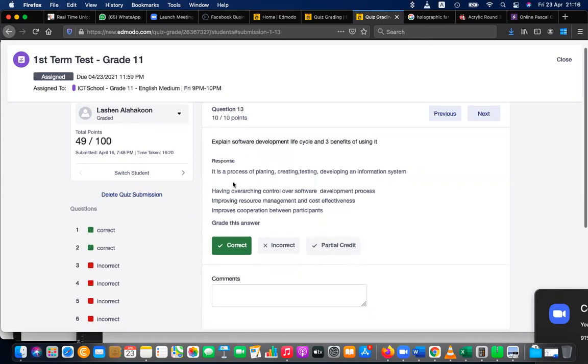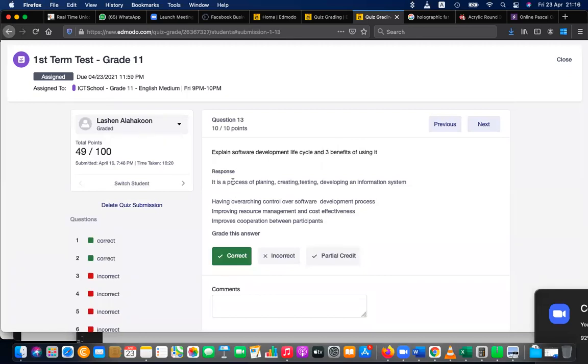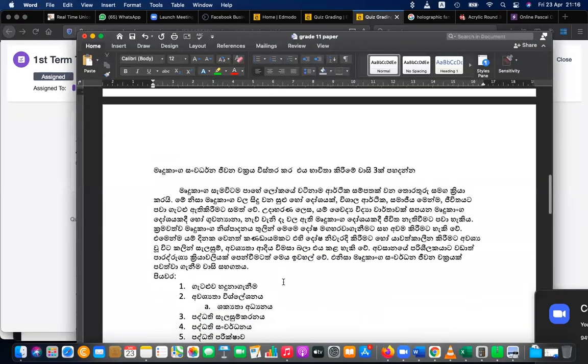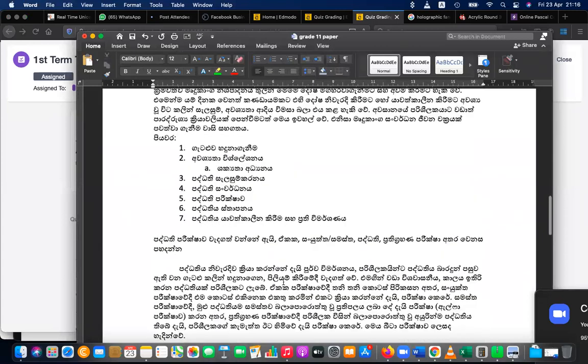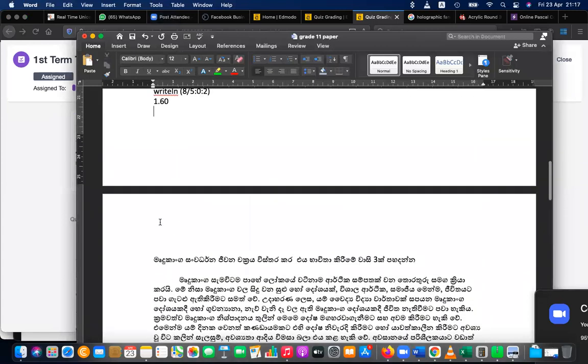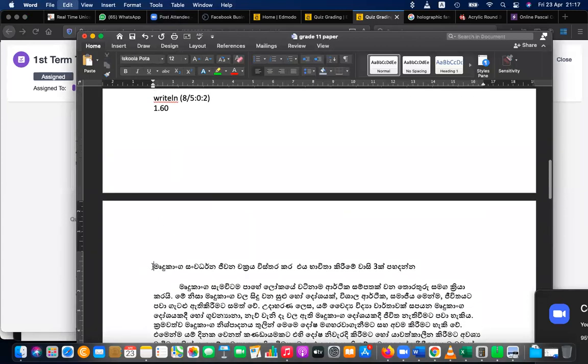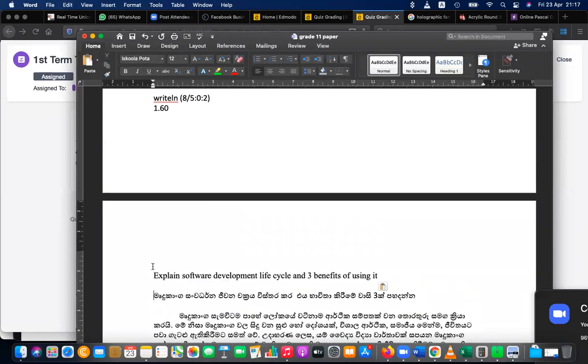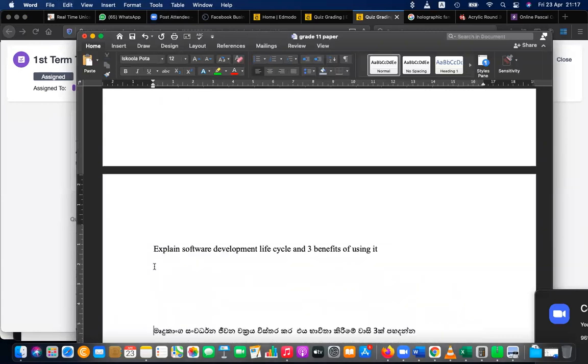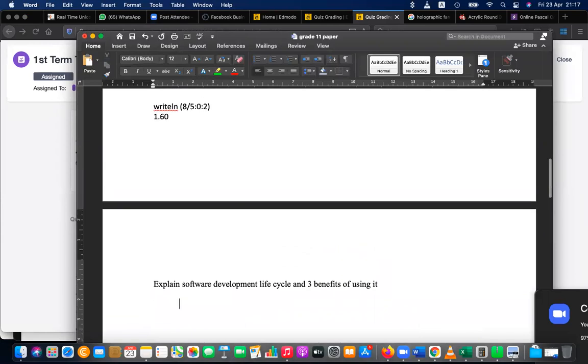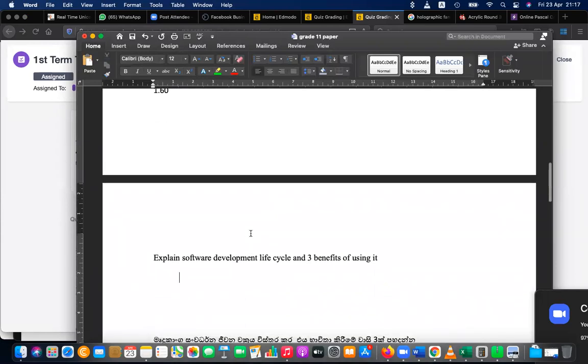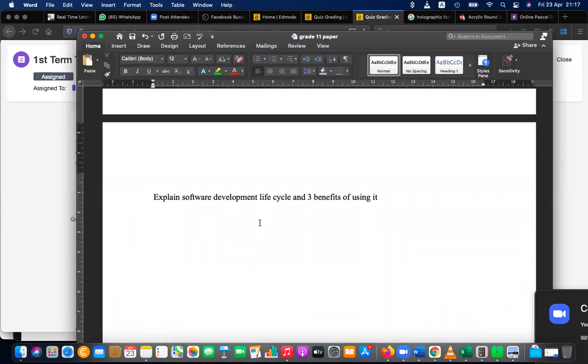Right. So let me explain the answer. Please write down the question: explain the software development life cycle and three benefits of using it.